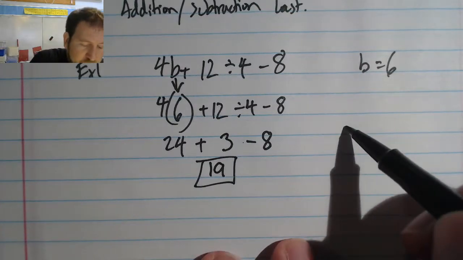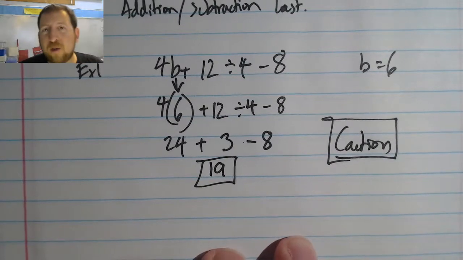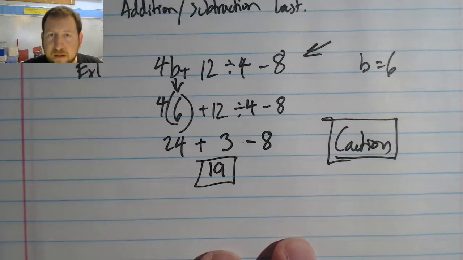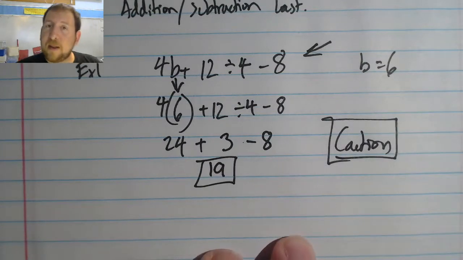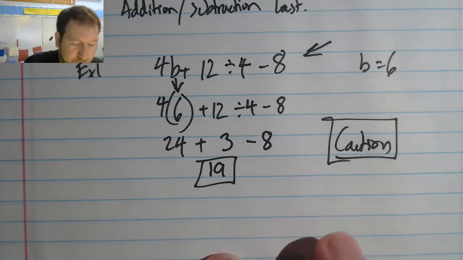One quick caution. I would not use a calculator when solving these. When you use a calculator for this, it's not going to do order of operations. It's just going to go from left to right, and it's going to give you the wrong answer. You're going to need to do each piece separately in order to do it correctly, because it will not do order of operations.